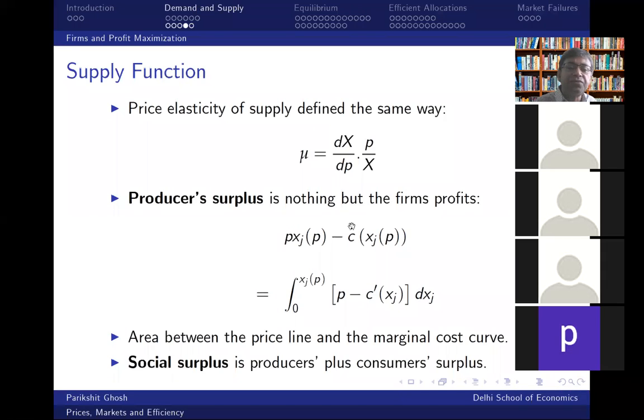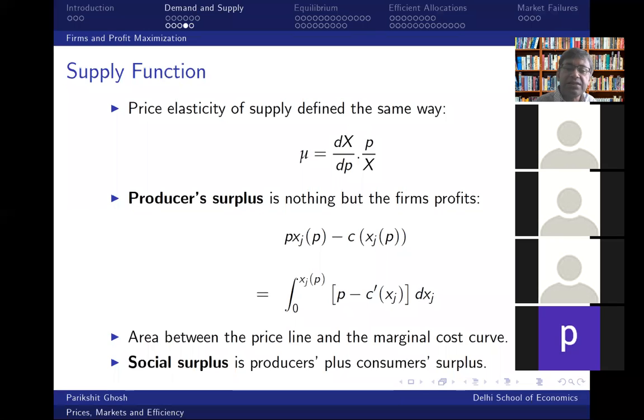We also need to develop a notion of what the supplier or the seller is gaining from the transaction, from participating in the market and the exchange. Well, here, the gain is profits, revenue minus costs. And profits can also be expressed just as in the previous case.